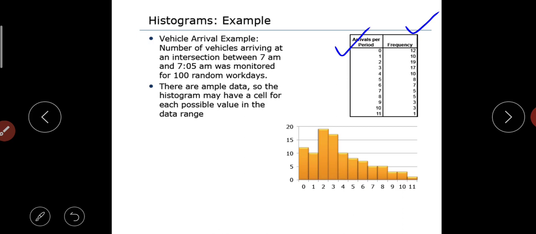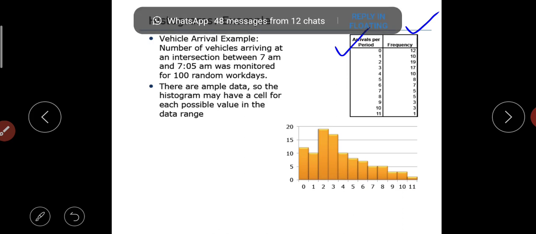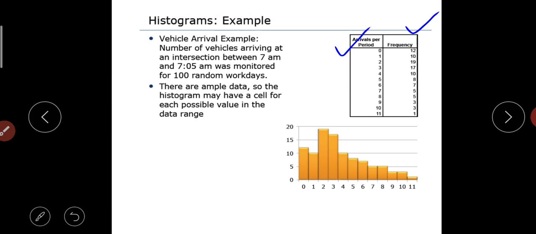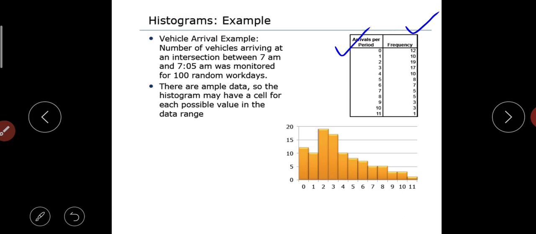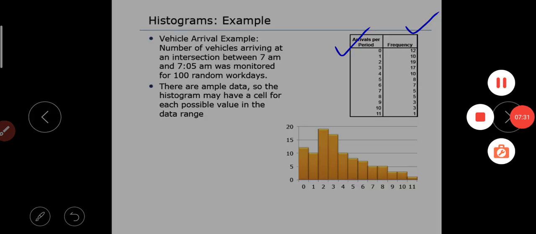The arrival period 0 has a frequency of 12, 1 has 10, and so on. For this data we have constructed a histogram. First we divided it into a number of intervals, and we represented the frequencies for each interval.